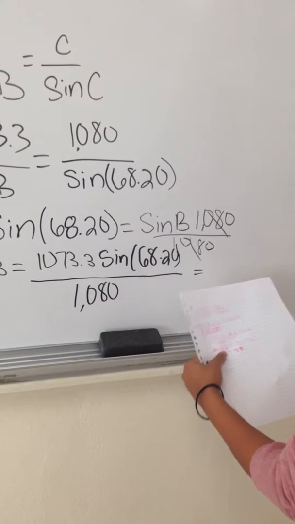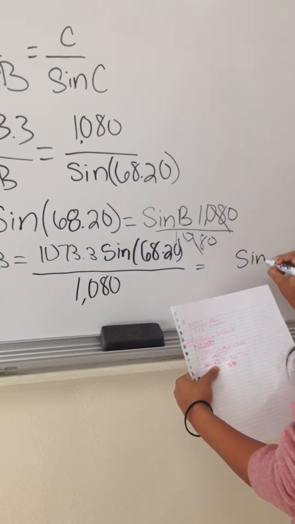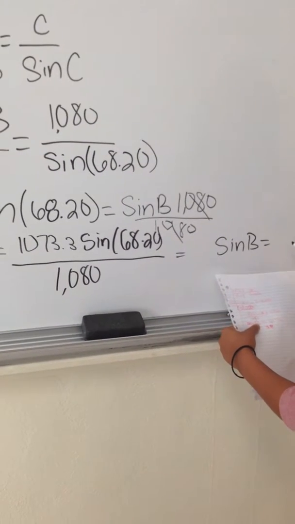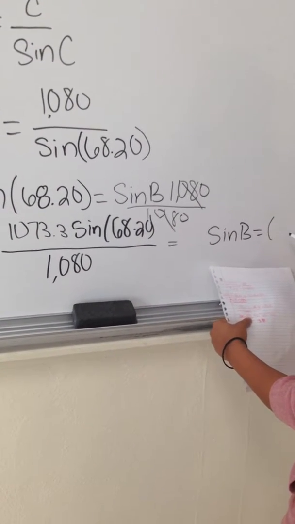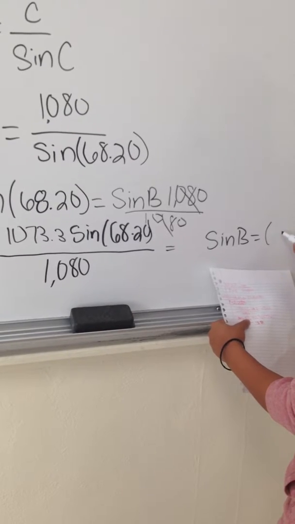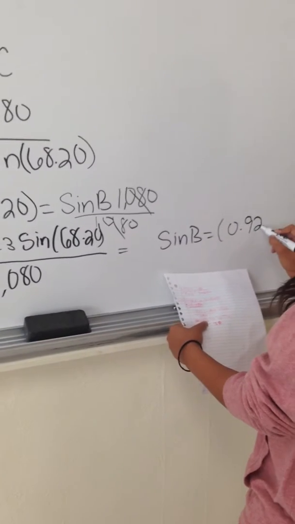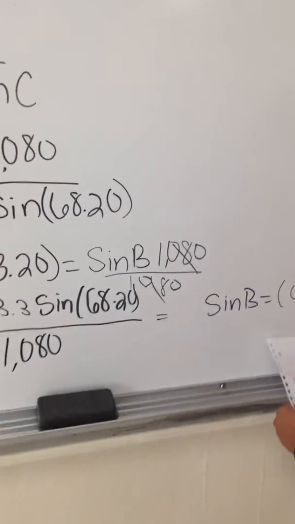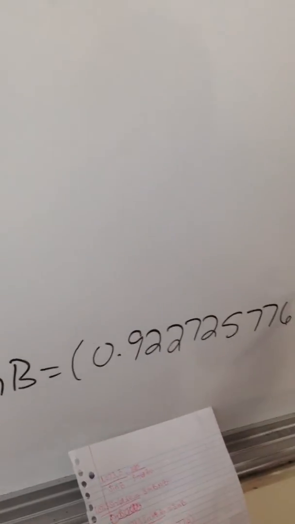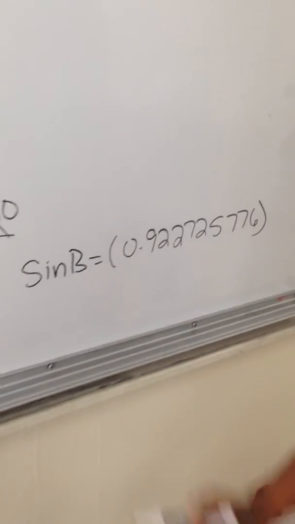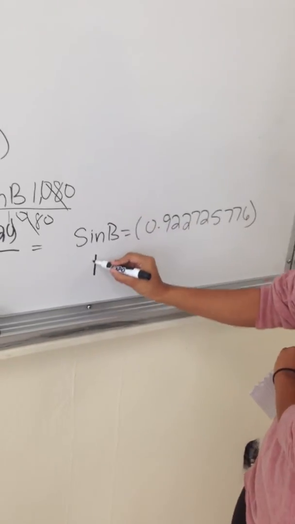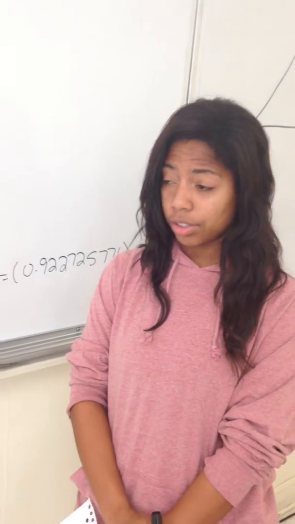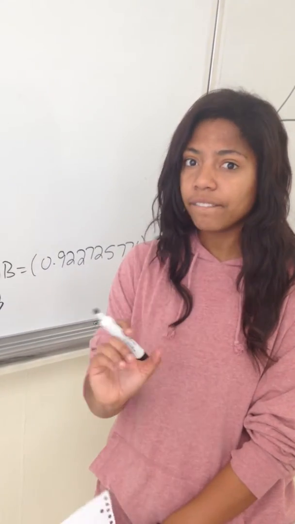You're going to get sine B equals 0.922725776. Now remember, whenever you're trying to find any angle, you put it into your calculator and use the inverse.